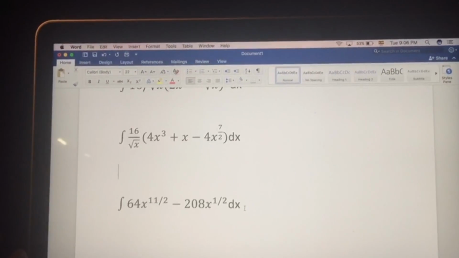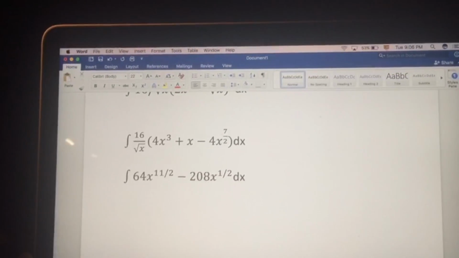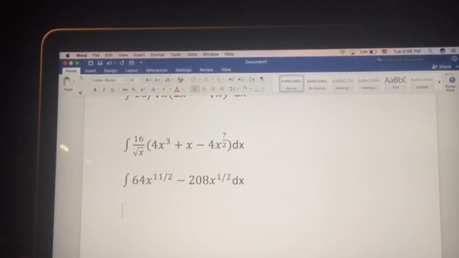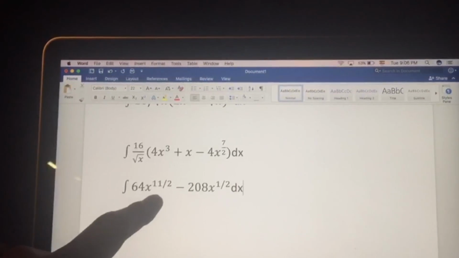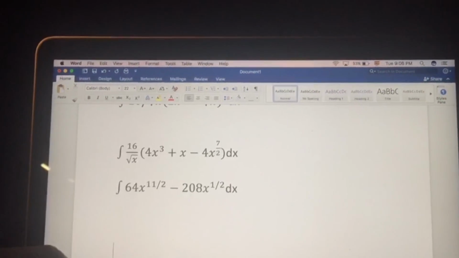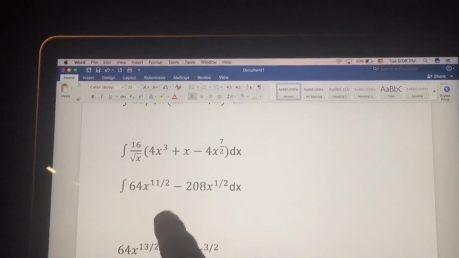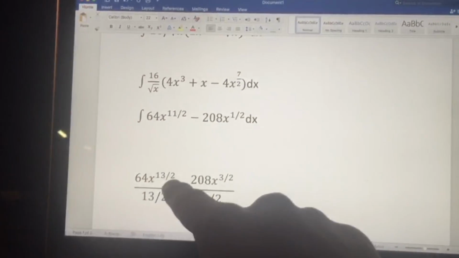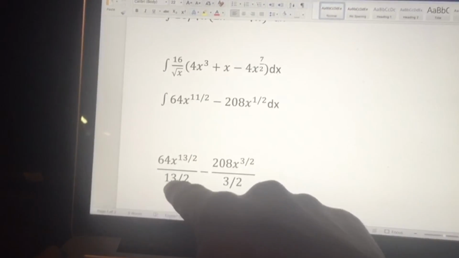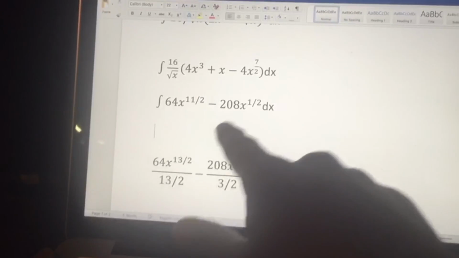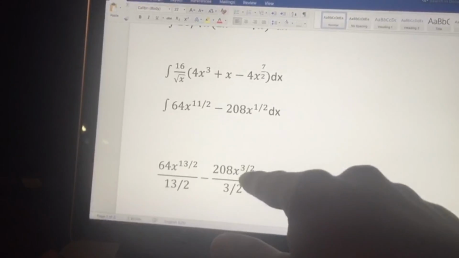Now that we have everything simplified, we can start antiderivating. So we're going to add 1 to our exponent, and we're going to divide by the same. So in this case, 11 halves plus 1 equals 13 halves. So we're going to divide this term by 13 halves, and this term x to the 1 half plus 1 equals 3 halves.